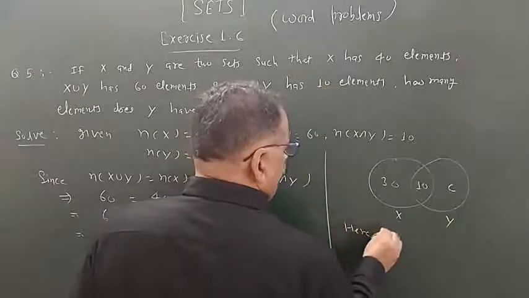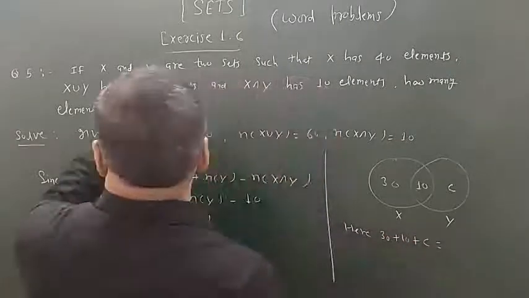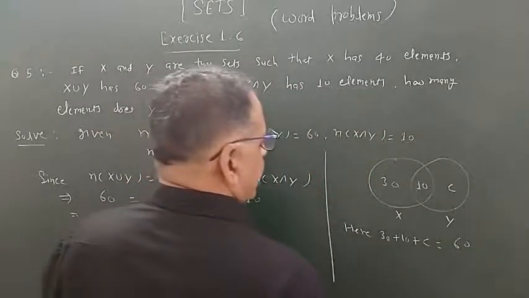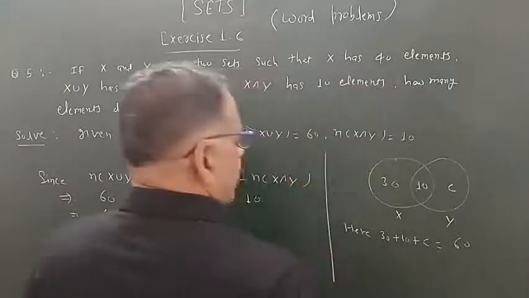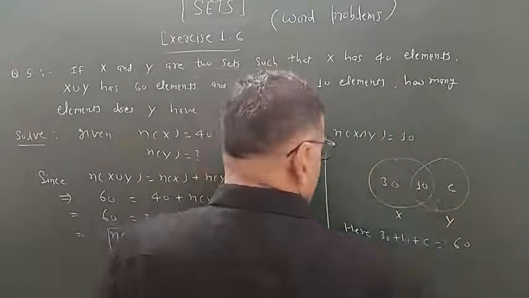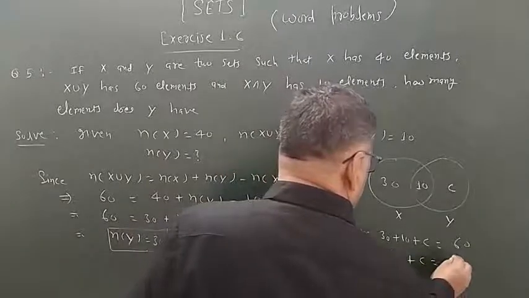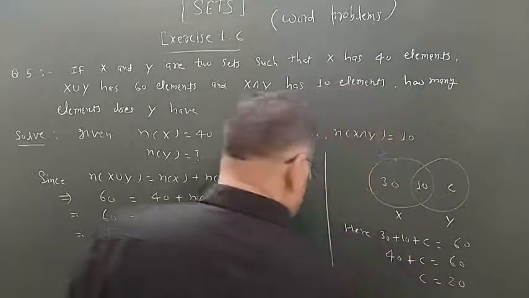Here 30 plus 10 plus c is equal to 60. Sorry, there is c only. Okay, 30 plus 10, 40 plus c equal to 60. So c equal to 20 there.